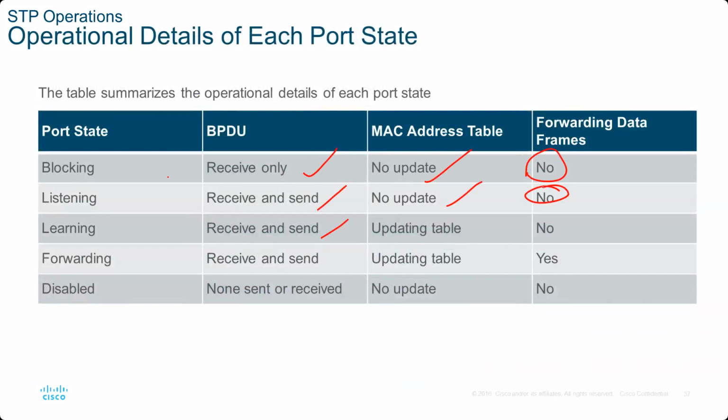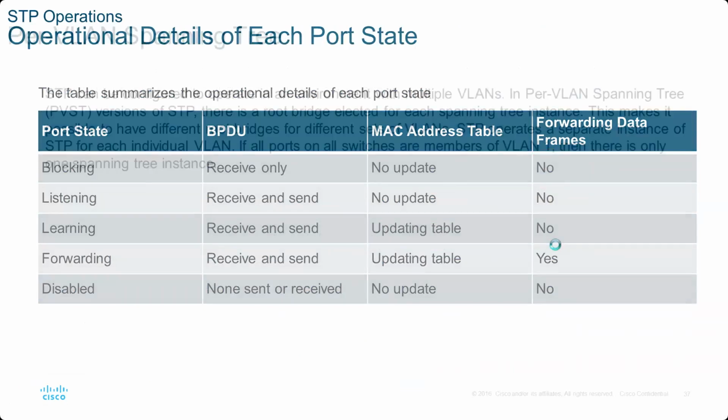In the learning stage, the MAC table is updated, and again, no data transfer. But in the forwarding stage alone, the data frames are transferred. So in this chapter we saw STP operation, STP timers, and STP port states.